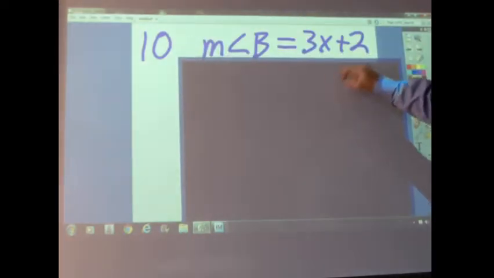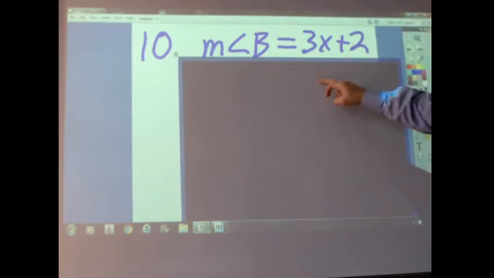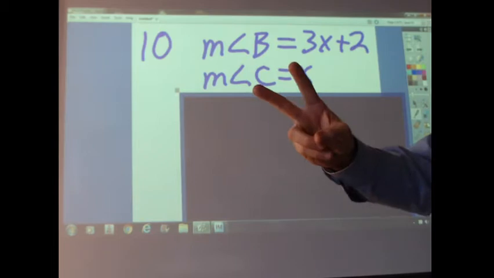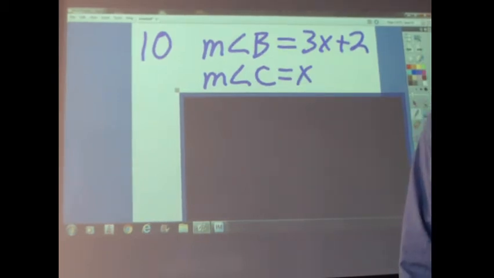All right, so I don't know anything about measure C, so I automatically have to give that an x. Measure B is 3x plus 2 because it is 2 more than 3 times the measure.